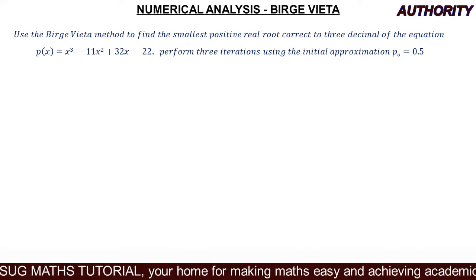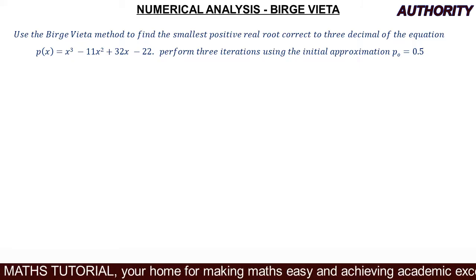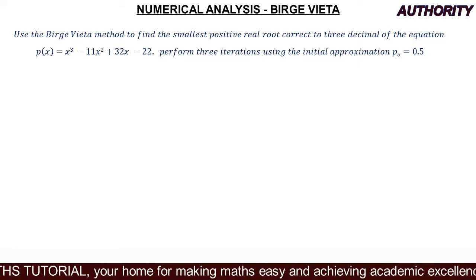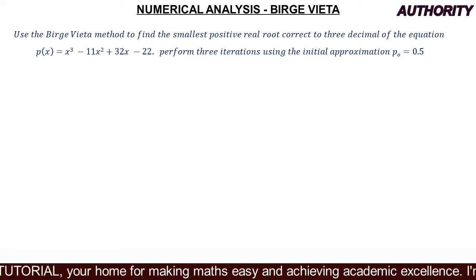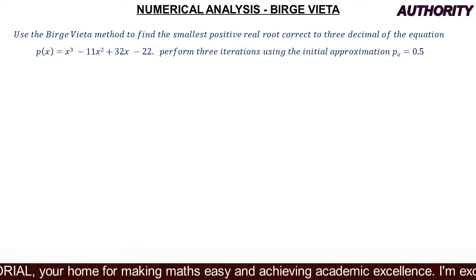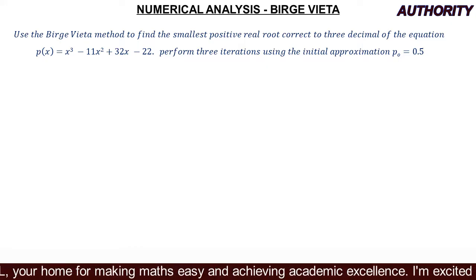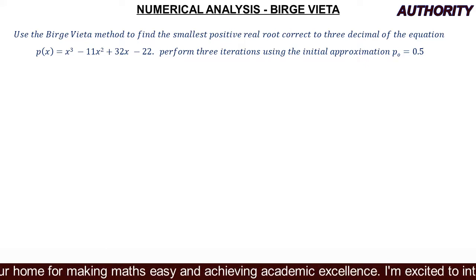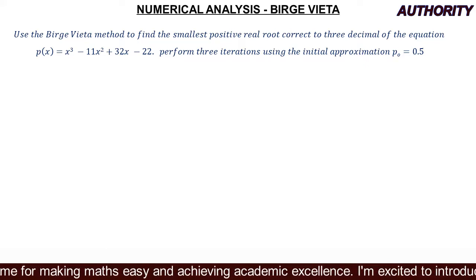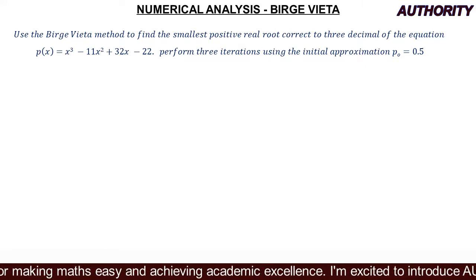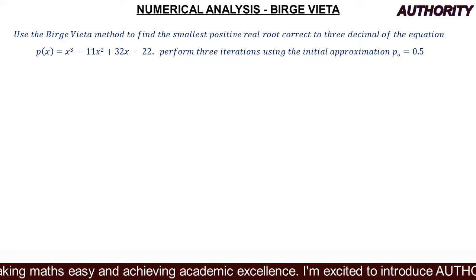Perform 3 iterations using the initial approximation p naught is equal to 0.5. So here we are asked to use Birge-Vetter to solve this.